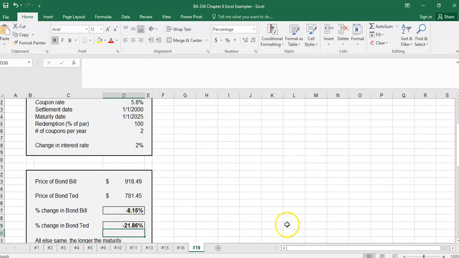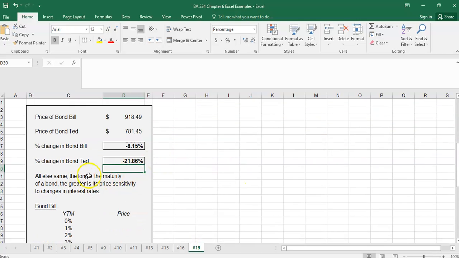So the change in Ted is a drop of 21.86%, and the change in Bill is a drop of negative 18.15%. So all else the same, the longer the maturity of the bond, the greater its price sensitivity to changes in interest rates.